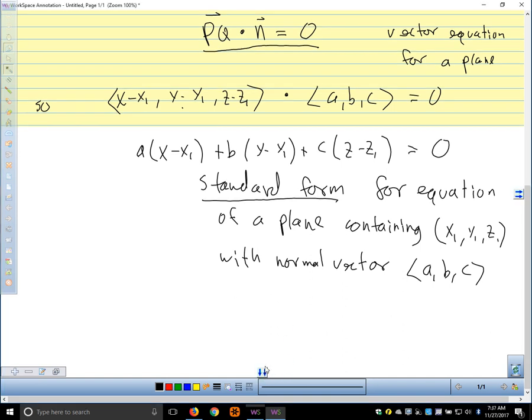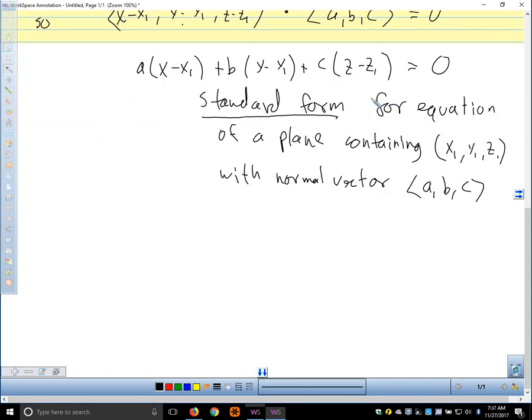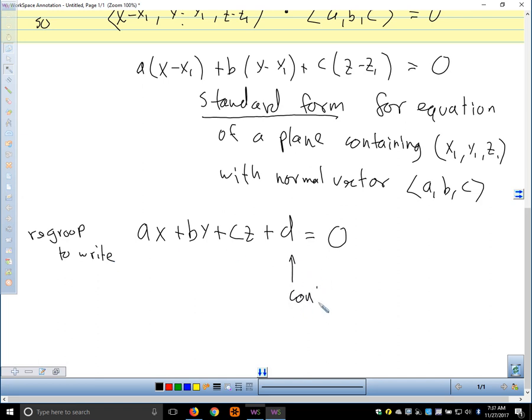And we could multiply this out, and we get ax plus by plus cz plus d equals 0. And the d term contains all the constant terms from this. So this contains all the constant terms.